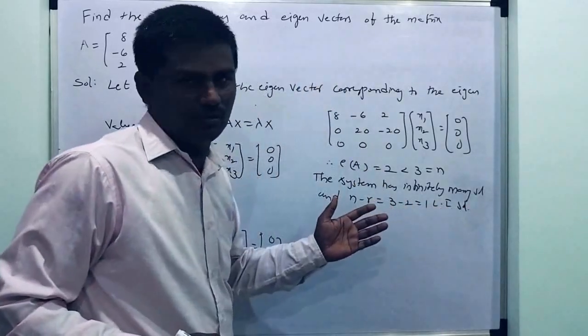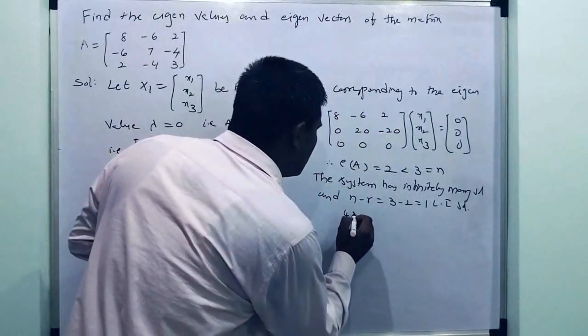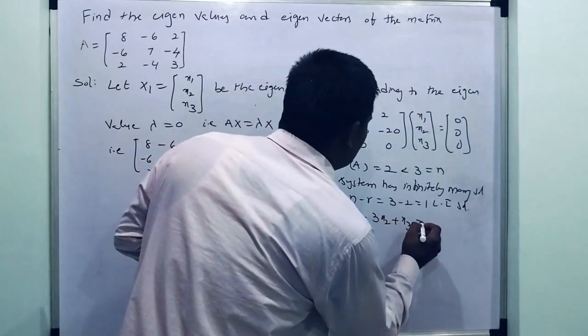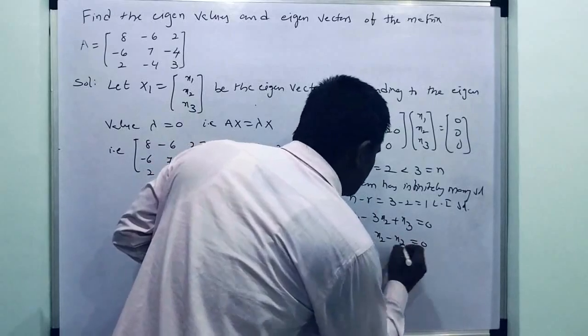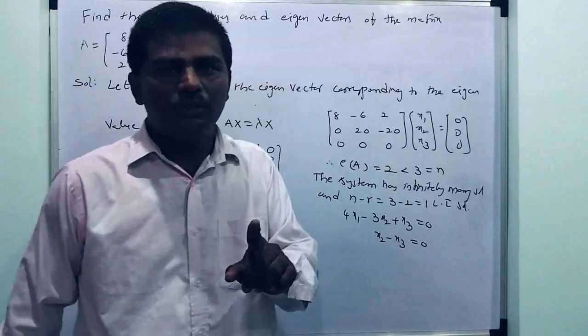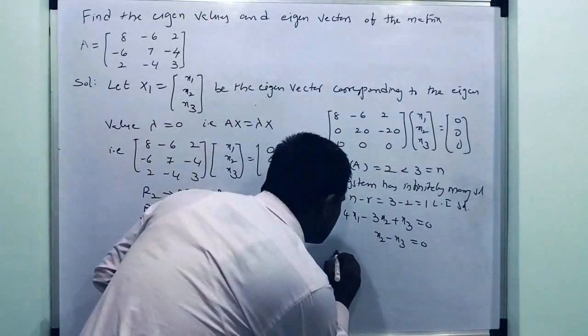Let us find the solution, by writing the equations. So 4x1 − 3x2 + x3 = 0. So x2 − x3 = 0. As there is one linearly independent solution, you need to take one variable as constant. So let x3 = k.